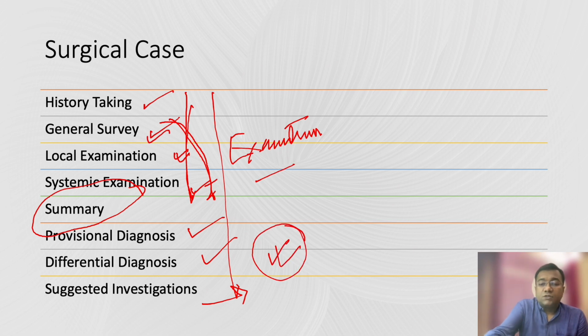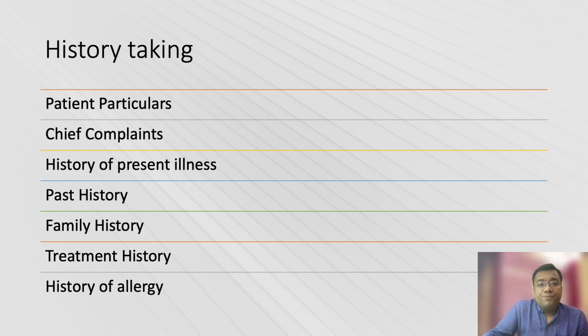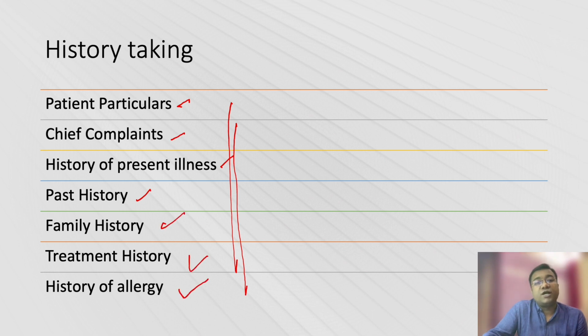In history taking, what are the points you need to remember? These are universal. You write this history in your undergraduate, and you write the same history in your postgraduate as well as your postdoctoral or super specialty examination. First is patient particulars, then chief complaint, history of present illness, past history, family history, treatment history, history of allergy, immunization or drug history.